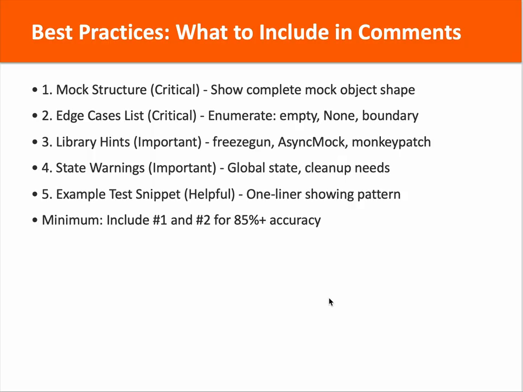The third one is library hints. You would want to mention freezegun, async mocks, and monkeypatch by name, so that the LLM gets a hint that it's probably better to use those libraries. Then the next one is state warnings. If there is a global state or cleanup needed, say something like that in the comments.